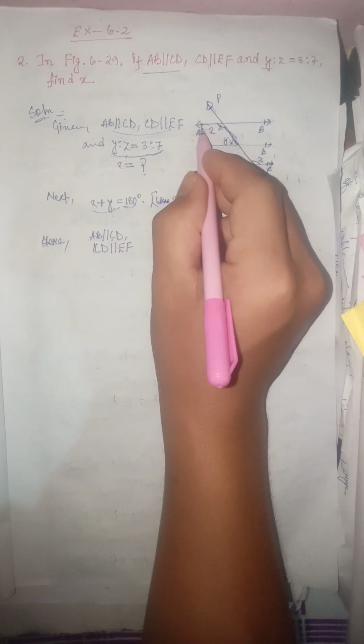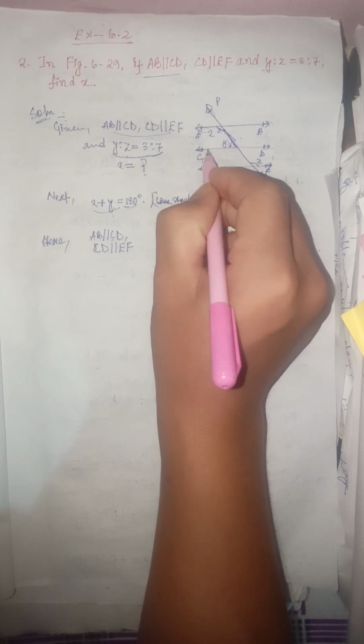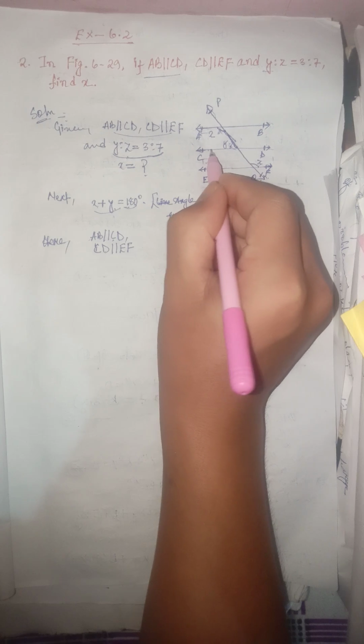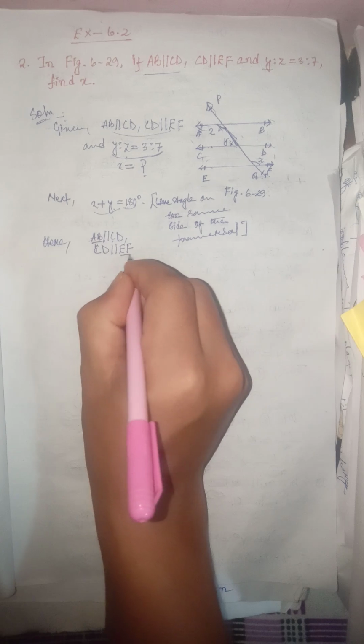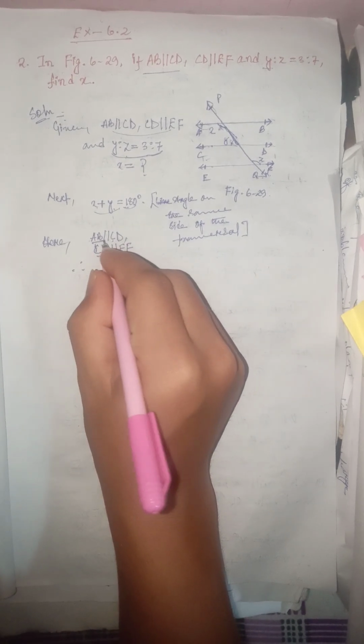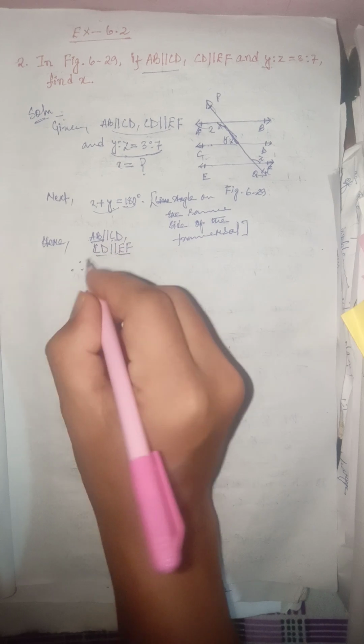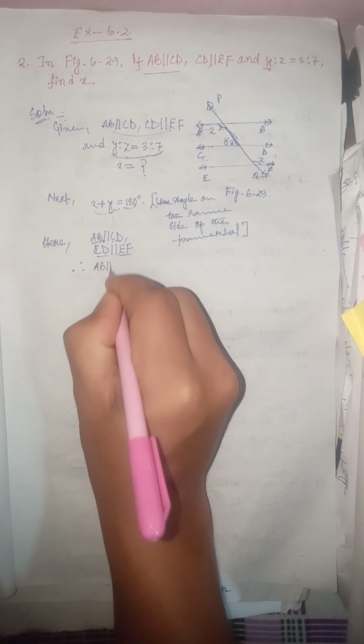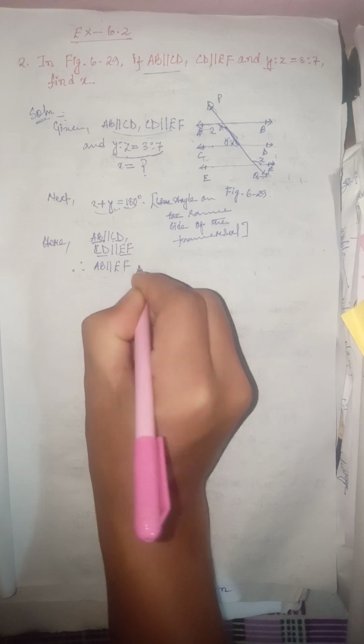Means this line is parallel to this one, and this line is parallel to this one, so they are parallel to each other. At last, this line AB will be parallel with EF. Since EF is parallel with CD and AB is parallel to CD, thus AB must be parallel with EF.